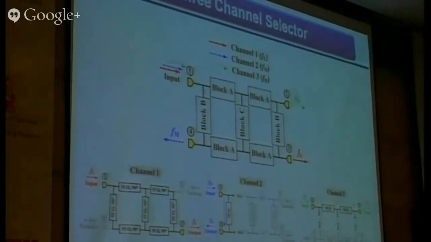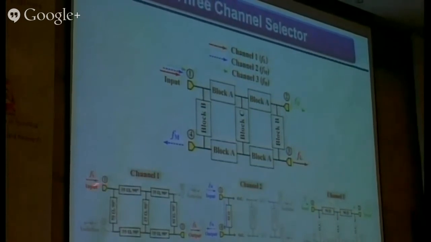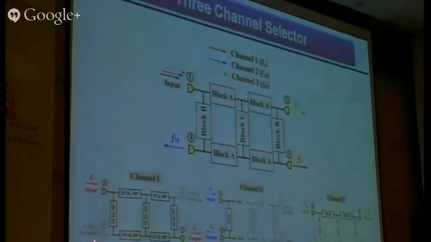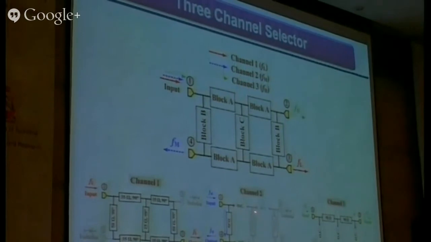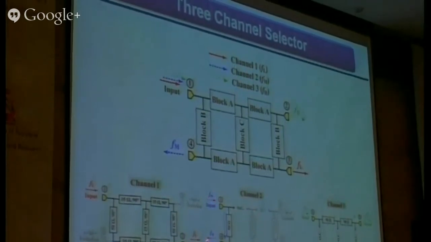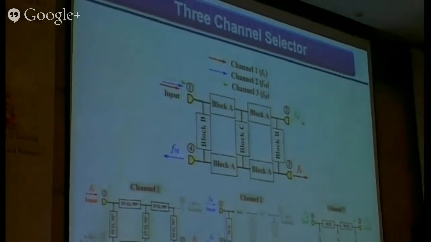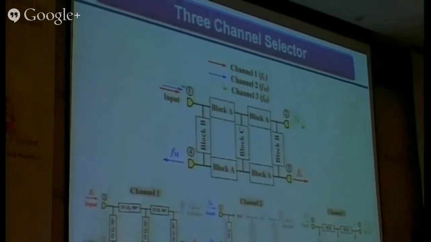This is a more clear illustration. Channel 1, input signal, output signal. Of course, if the input signal is here, it will come out here. For channel 2, input signal here, output signal here, and input signal here, output signal here. And for channel 3, input signal and input signal.